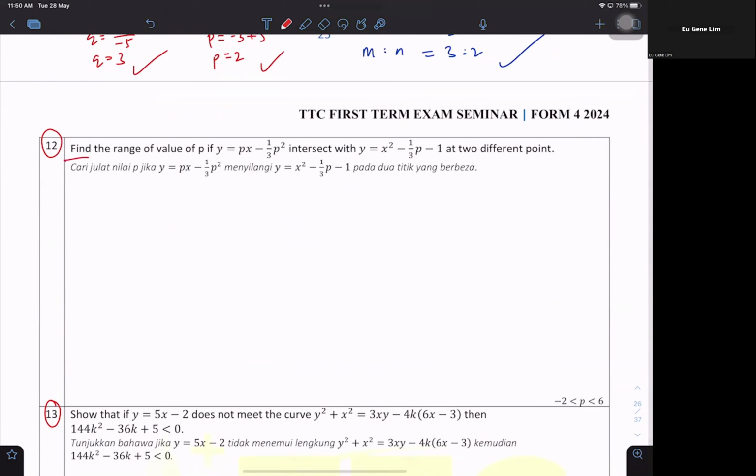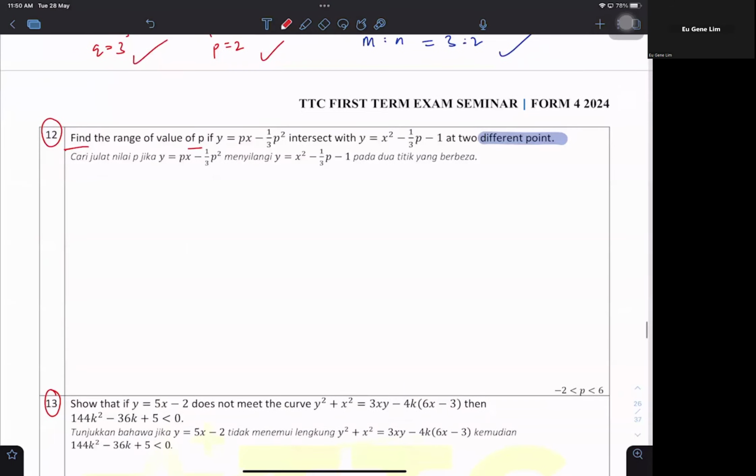Okay, now you see, find P. You want to find P if this equation intersects this equation at two different points. Keyword, different points. What is different points?